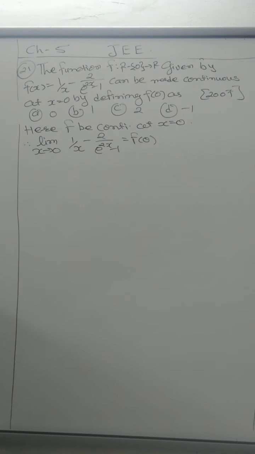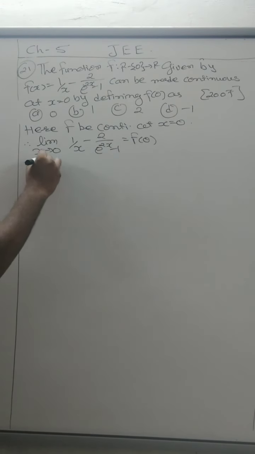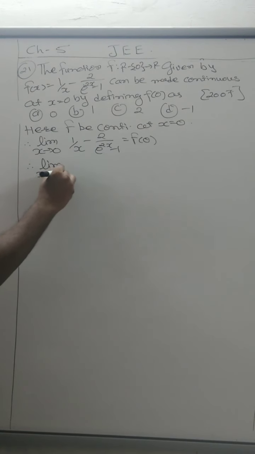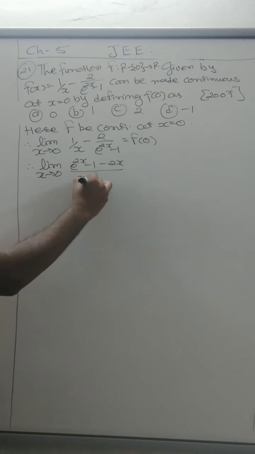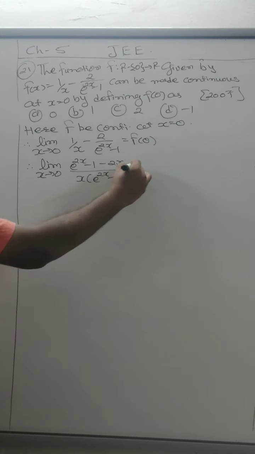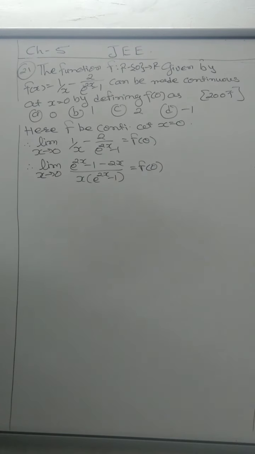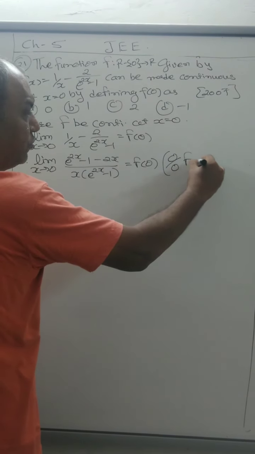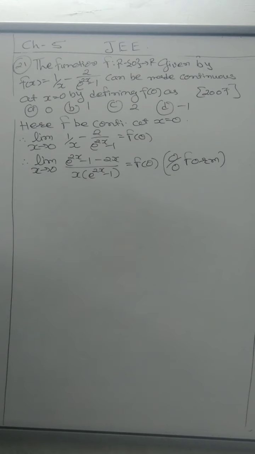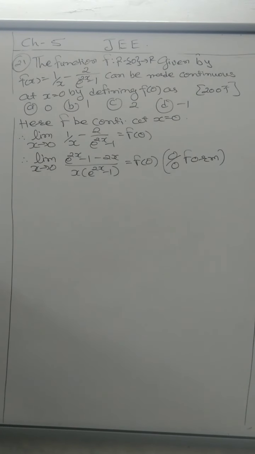Now we simplify it, and first of all we take the LCM. Limit x tends to 0 of (e^(2x) - 1 - 2x) / (x(e^(2x) - 1)) is f(0). Now when you put the limit, this is 0/0 form. So when 0/0 form is given, we apply L'Hospital rule to numerator and denominator.